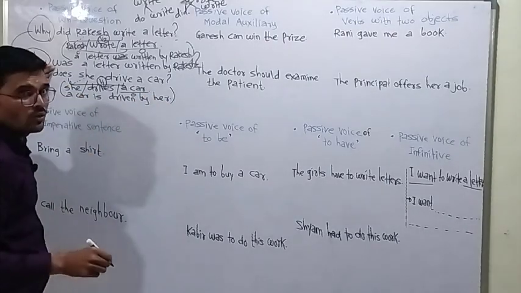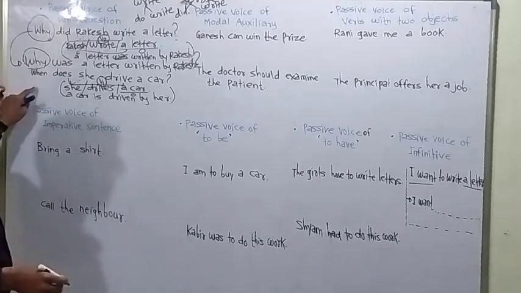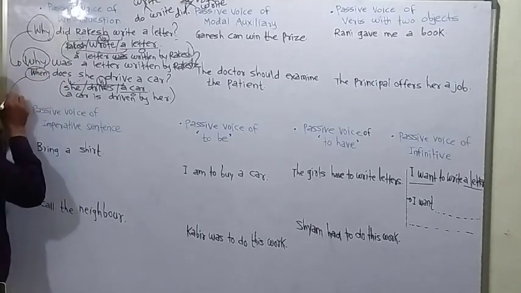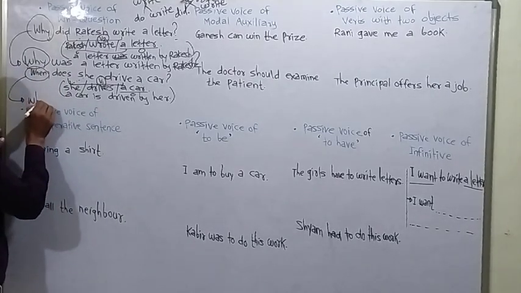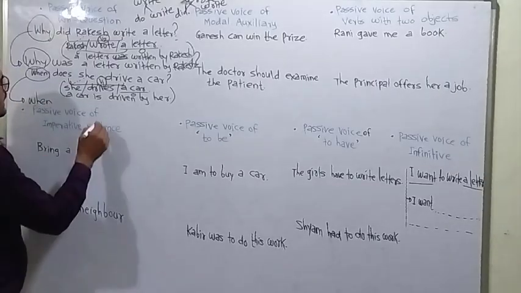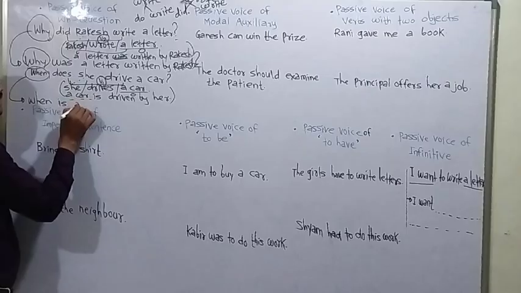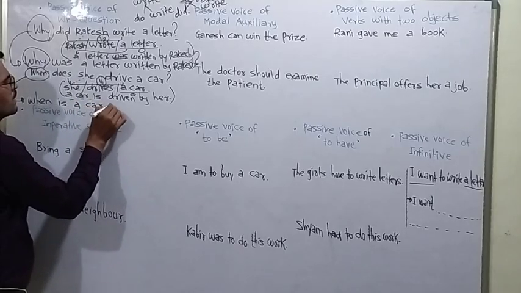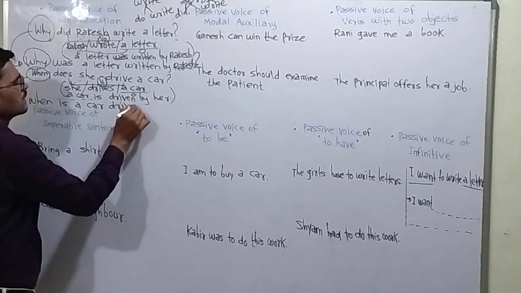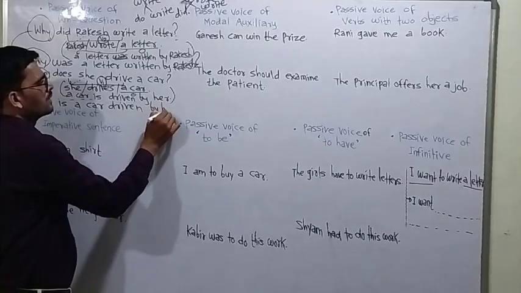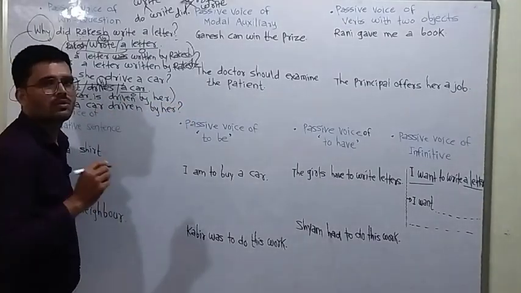The answer is that we put when as it is. Okay, we put when in the answer, W-H-E-N, when. And in this way: When is a car driven by her? At last there is a question mark. Why?